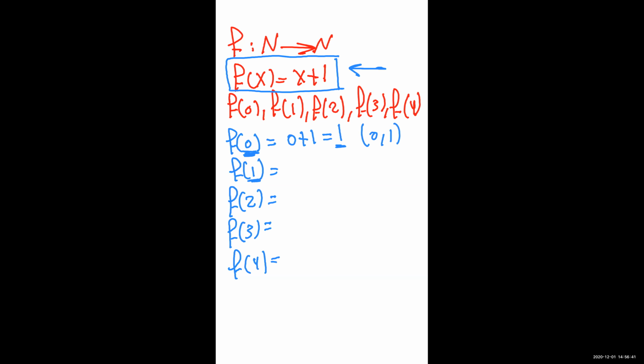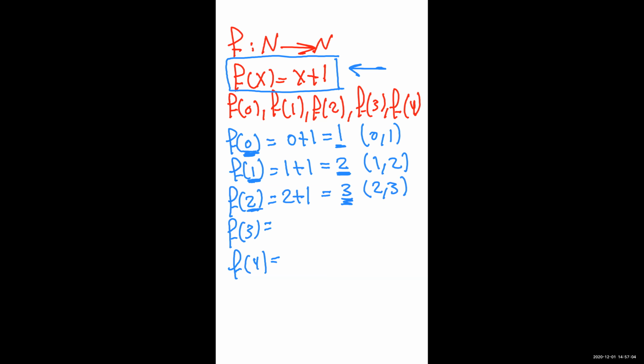F of 1 equals x plus 1, so 1 plus 1, which will equal 2. So the ordered pair now is (1, 2). Great. F of 2 equals 2 plus 1, x plus 1, so it will equal 3. So the ordered pair is (2, 3). Great.